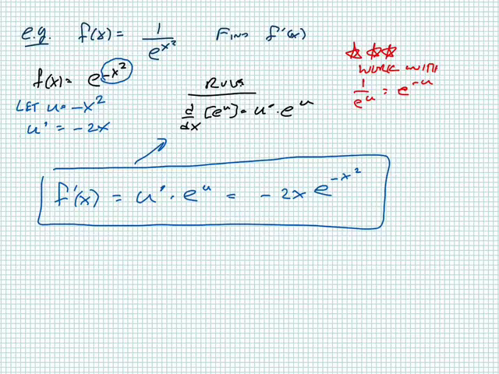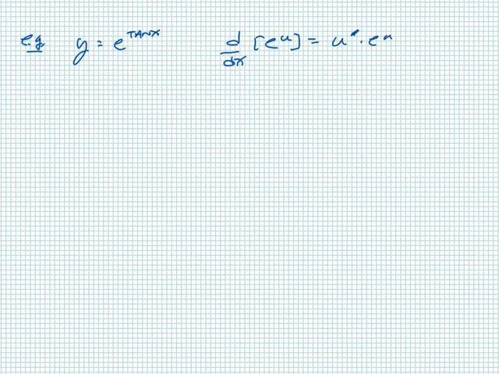Okay, let's do another example. Let's do y is equal to e to the tangent of x. Again, I'm going to use the differentiation rule. The derivative with respect to x of e to the u is u prime times e to the u. In this case, I'm going to let u be equal to tangent of x, and I should be doing u prime because we're differentiating. u prime is equal to the derivative of tangent, which is secant squared of x.